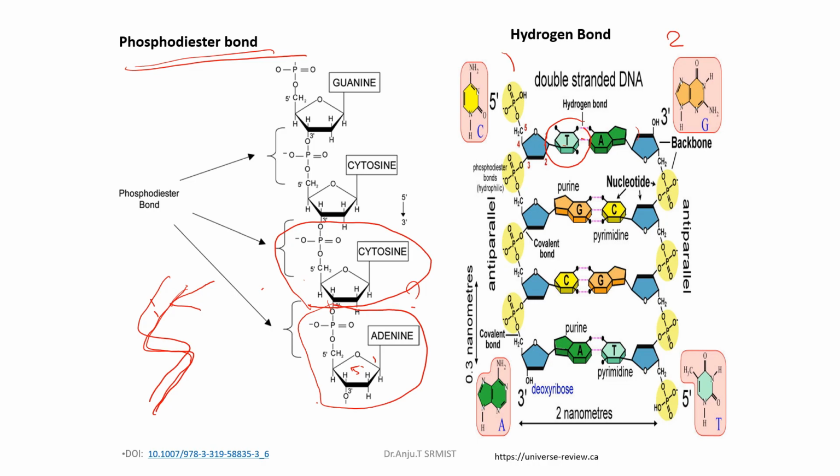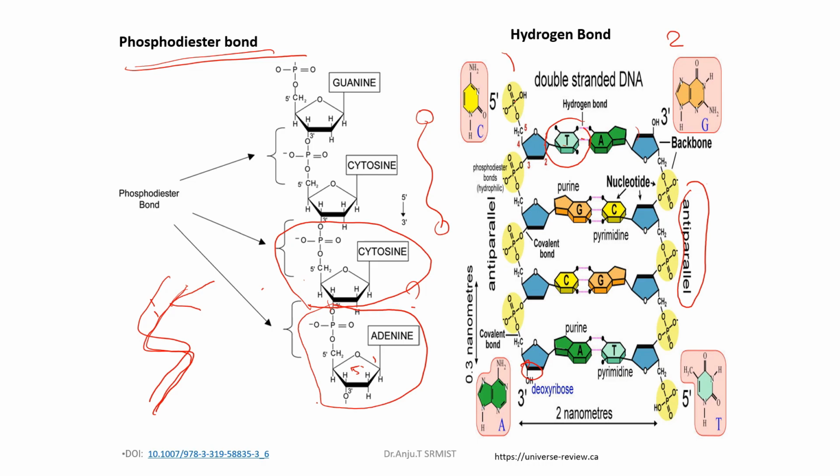And if you see the structure of the DNA, we said there are two strands. One strand runs in one direction and the other in the opposite direction. That is why we say that they are anti-parallel strands. In one strand, one end will be exposing a phosphate group and the other end will be exposing the 3' end of the 5 carbon sugar.